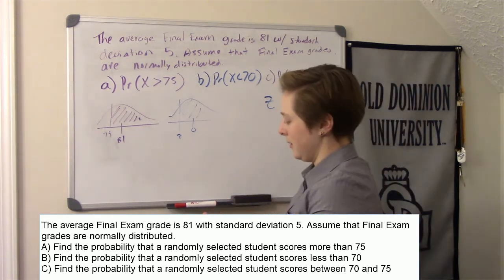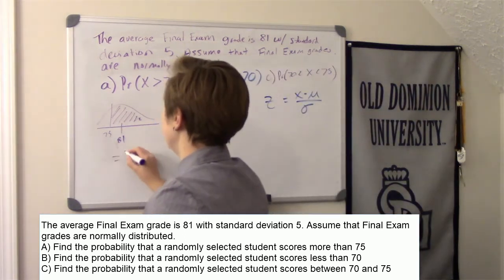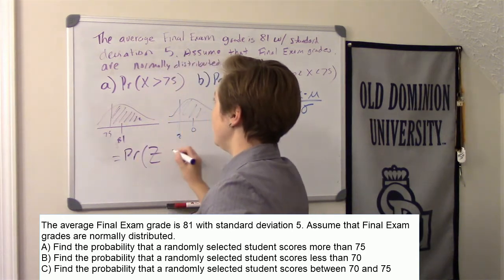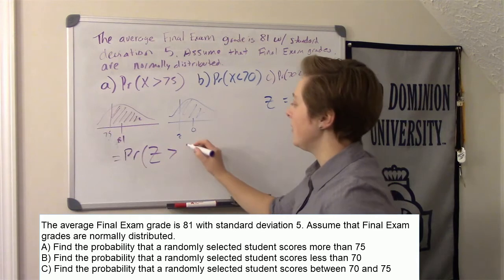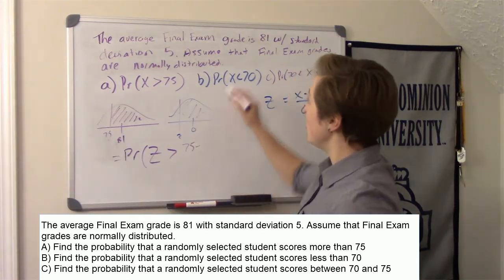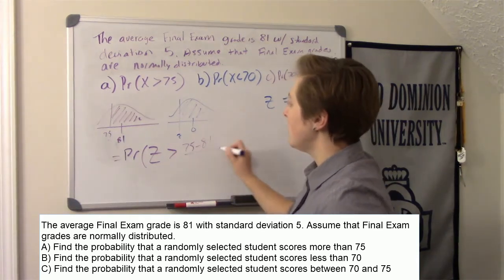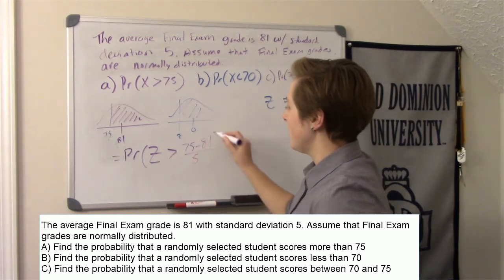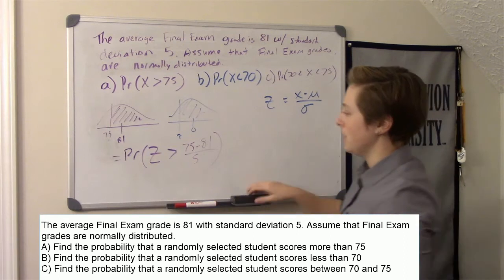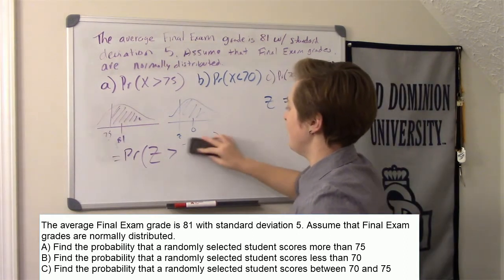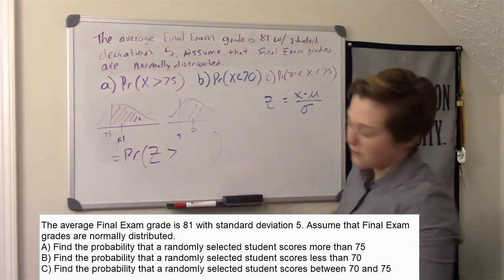So this is going to equal the probability that z is greater than the x I want to convert, 75, minus mu, which is the mean 81, divided by sigma, 5. What does that come out to be? Negative 1.2.